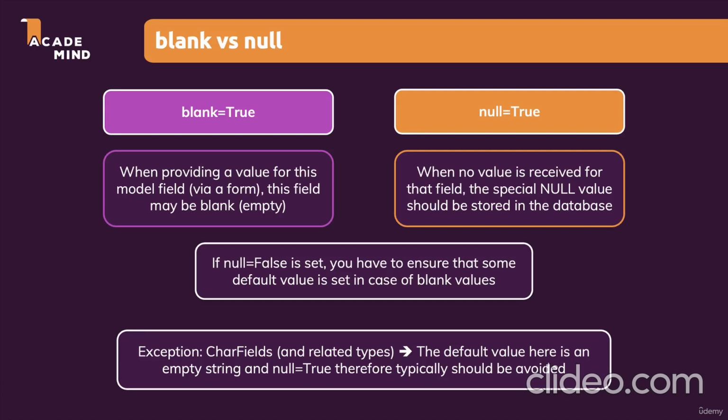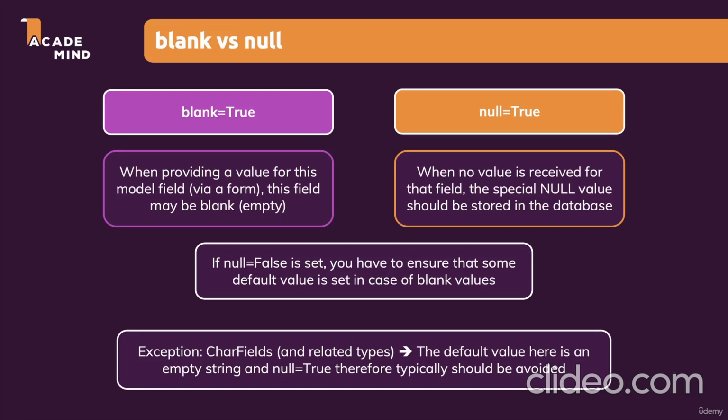Now, for char fields, or any kind of text content, typically an empty string is stored in the database. So there is a value stored in the database, it's just an empty string. For other kinds of fields, like date fields or numbers, storing an empty string is not an option because that would be the wrong data type.